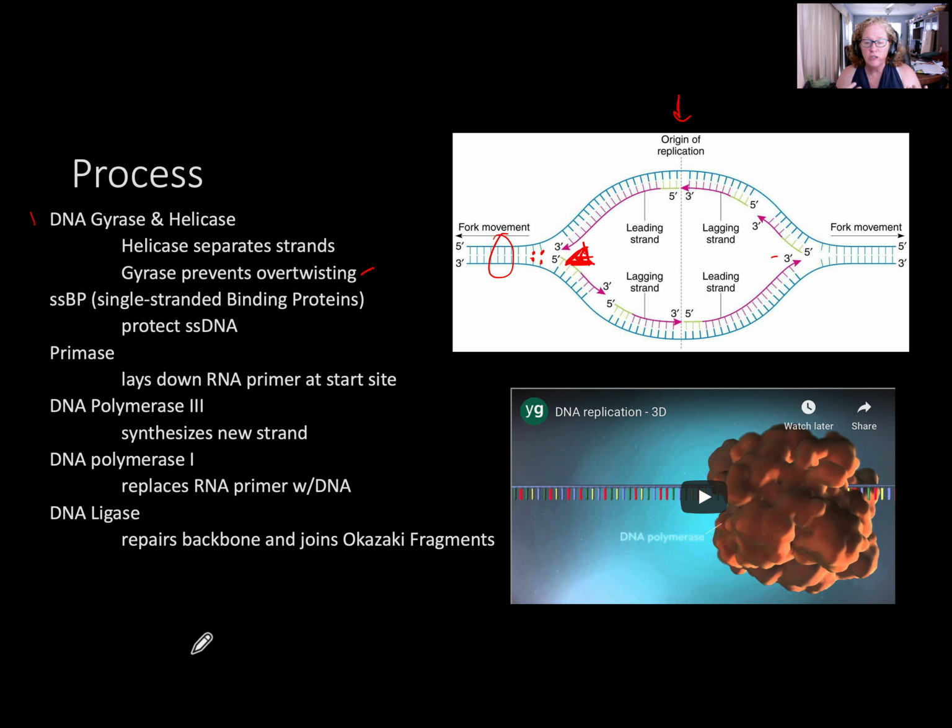We don't want them to randomly bind with nucleotides floating around in the environment, because this is all occurring in the cytoplasm of a bacterial cell. And we certainly don't want it to zip back up and re-base pair perhaps in the wrong order, in the wrong place. So it all needs to be protected.